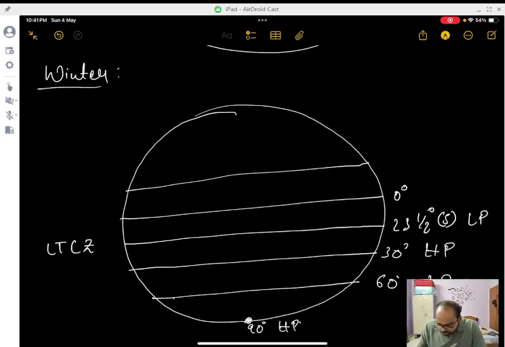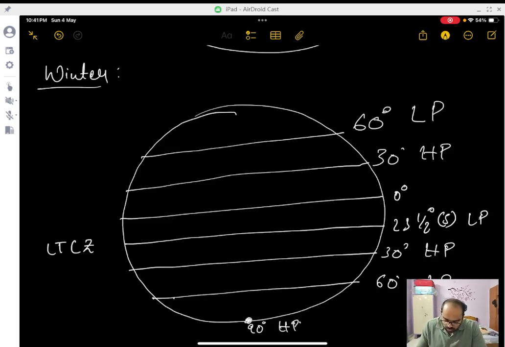Here also subtropical high pressure, subpolar low pressure, and polar high pressures.